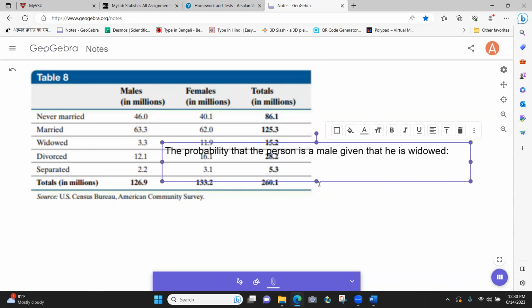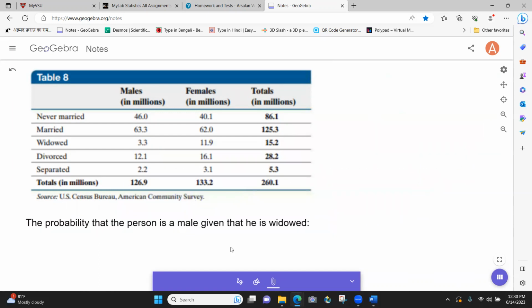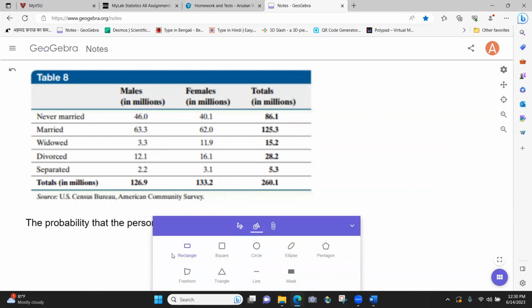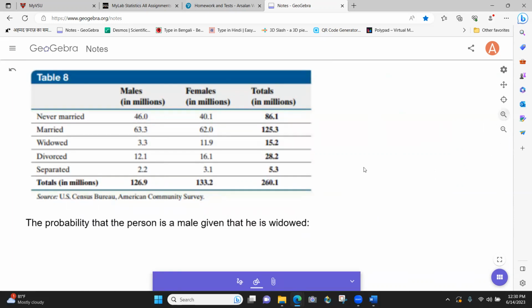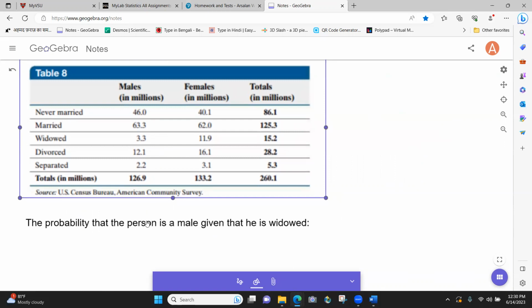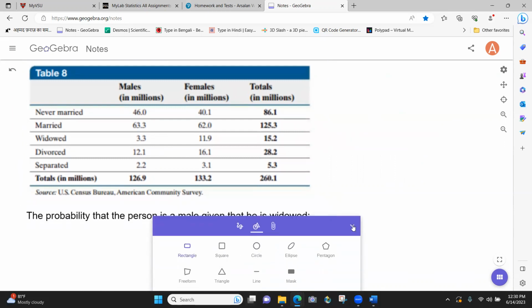So when I say, given that he is widowed, this is the condition. The condition is going to be this.